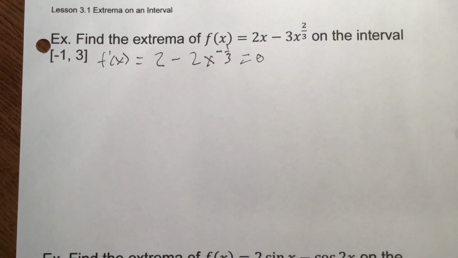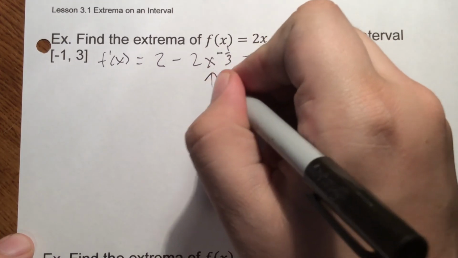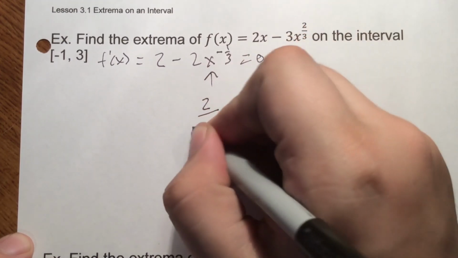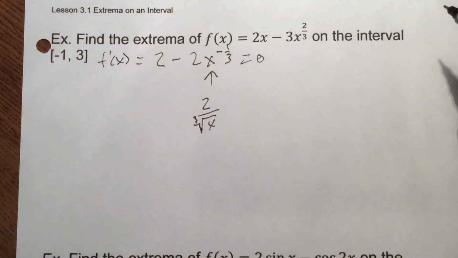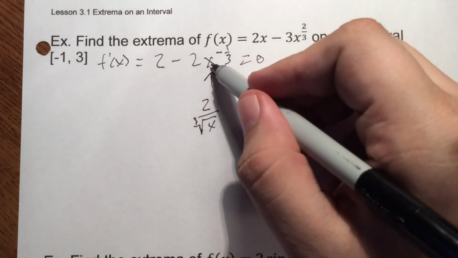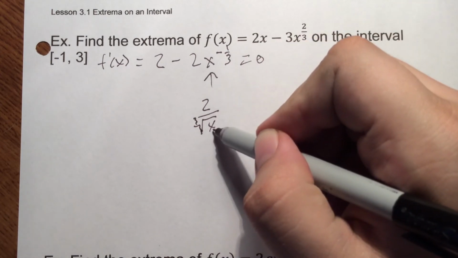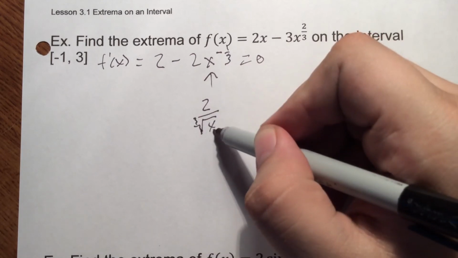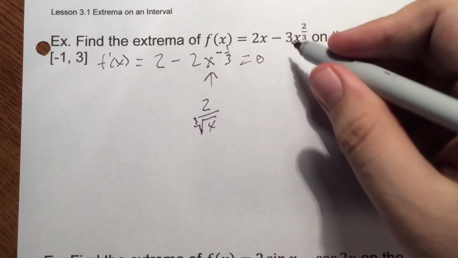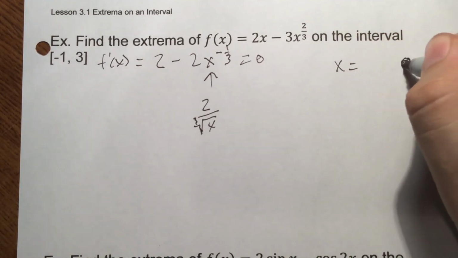So number one, this is to the -1/3. So keep in mind, this is really 2 over the cubic root of x. So right now, to make this be 0, if we put a 1 in here, cubic root of 1 would be 1, 2 over 1 is 2, 2 minus 2 gives us our 0. So x would be 1.